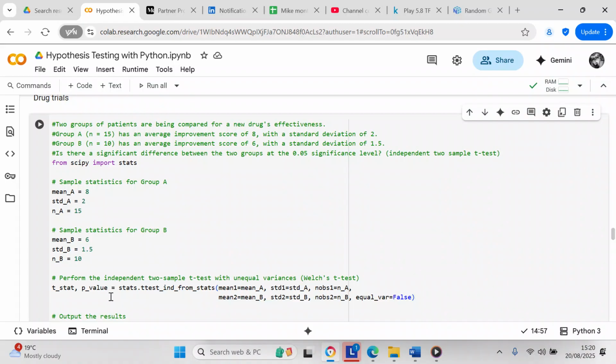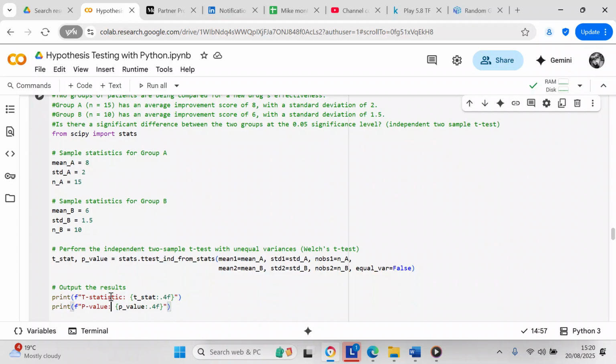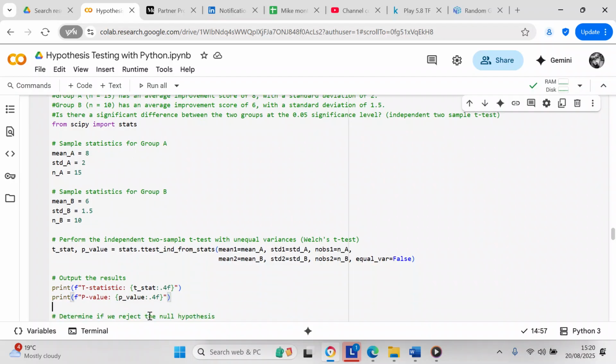Now we're going to output the results. We're going to print the t-statistic and the p-value.